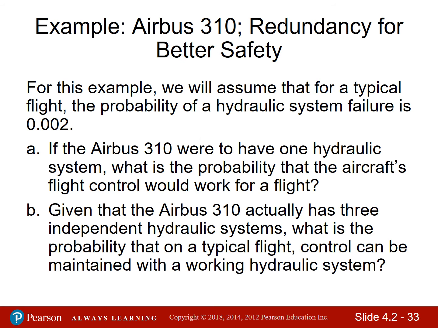If the Airbus 310 had only one hydraulic system, what is the probability that the aircraft flight control will work for a flight? Now, given that the Airbus 310 actually has 3 independent hydraulic systems, what is the probability that flight control can be maintained with a working hydraulic system?